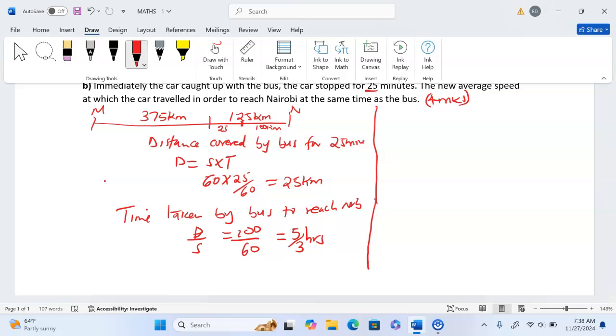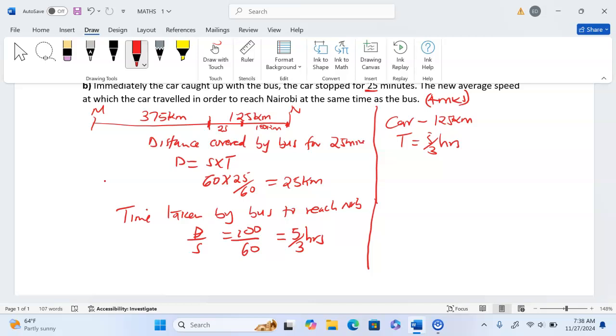Once we have the common time, it means this is the same time that the car is supposed to take between this point and Nairobi. But remember, the car has to cover a distance of 125 kilometers, within the same time of 5 over 3 hours.